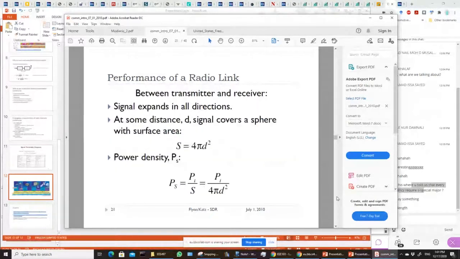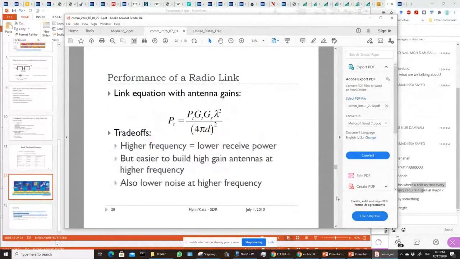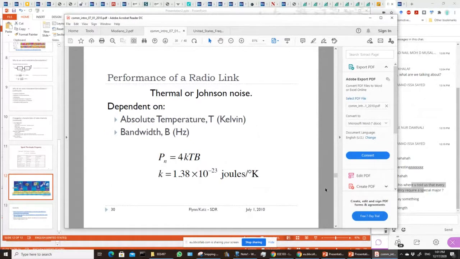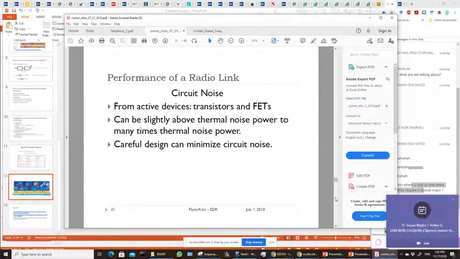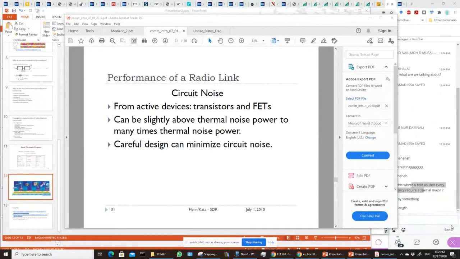But when we talk about cellular communications, for instance, or Wi-Fi, your biggest problem is not thermal noise, it's interference from other users. If you have one of those Wi-Fi apps that looks at networks, you will find, like in my area, there may be 15 Wi-Fi networks, and there are only 5 channels. The same is true for cellular communications.